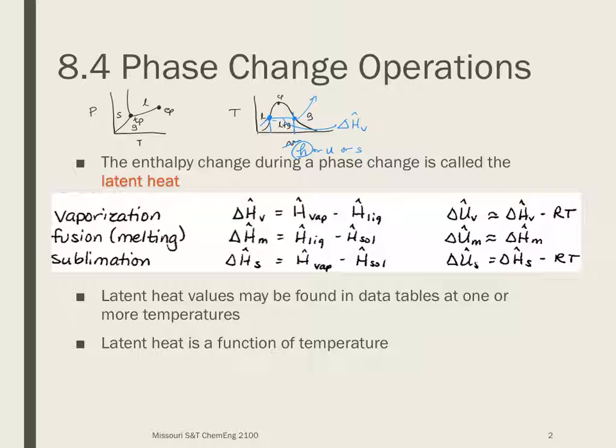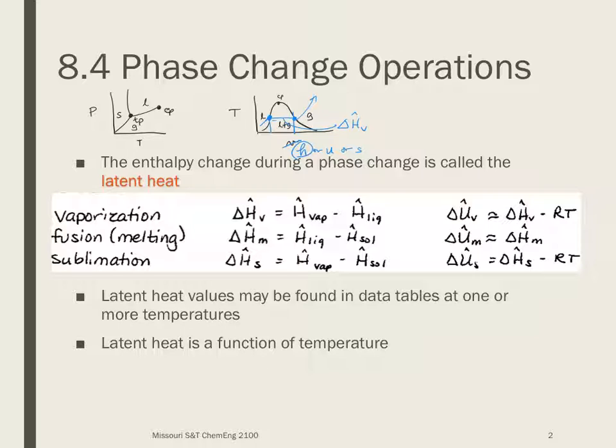And I can do these same kinds of things for any of these various phase transitions. So for fusion, it's the liquid minus the solid, and for sublimation, it's vapor minus solid. So the order of subtraction is always such that you get a positive answer for this enthalpy change. And we can relate enthalpies and internal energies using the rules from the previous lessons. Now we can find these latent heat values in data tables.